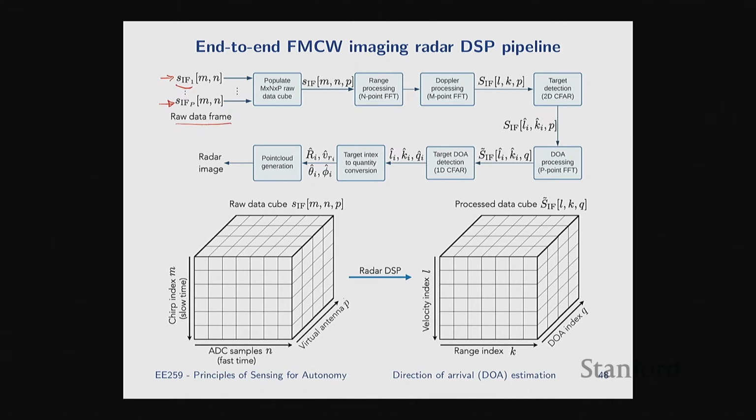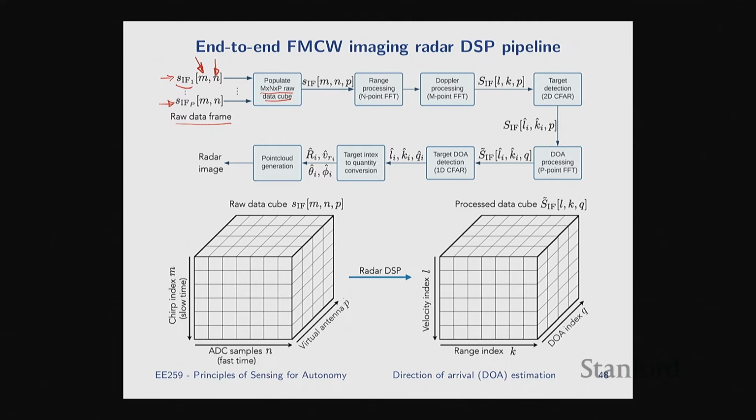You have your virtual antenna index, that's P. You have, of course, your ADC sample index that we call N, and we use multiple chirps in a frame, so you have your chirp index inside the frame, and that's M. So the data format that we work with is a cube: an M by N by P raw data cube, and then you can start processing it.